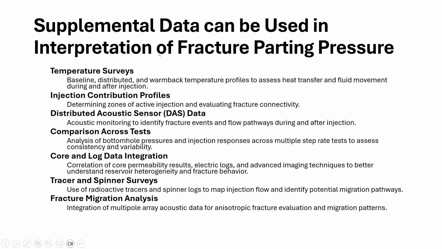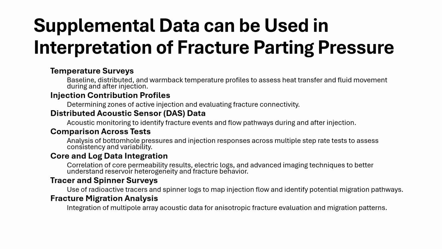So given that there are so many factors that influence step rate tests, supplemental data can be used in helping to interpret the fracture parting pressure. And we recommend, of these listed below, the step temperature surveys. You establish a baseline survey, then a distributed survey during the test, and a warm back temperature profile.